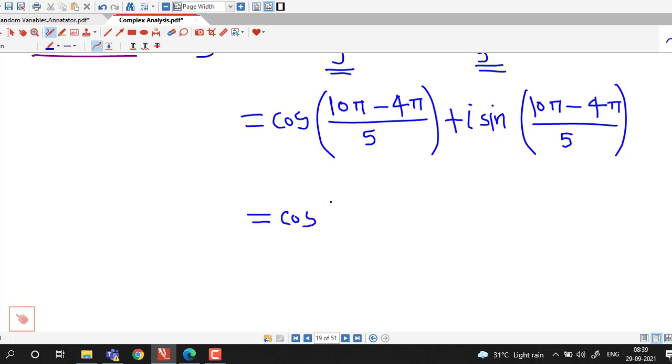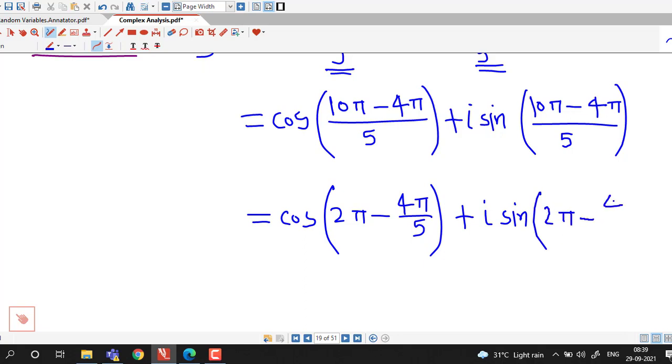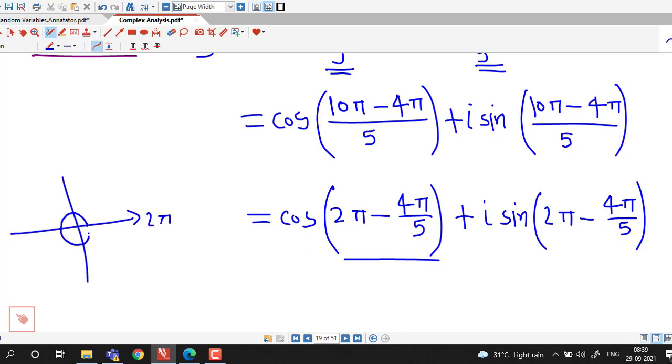Now this I can rewrite as 10 pi divided by 5, that is 2 pi minus 4 pi by 5, plus i sin of 2 pi minus 4 pi by 5. Now 2 pi minus 4 pi by 5 means, if we complete one circle we have 2 pi, and we are subtracting 4 pi by 5.